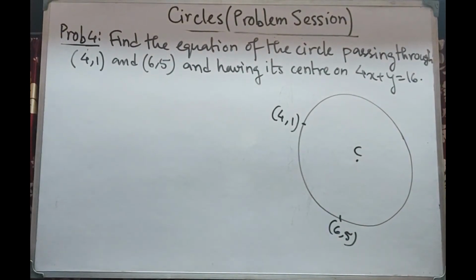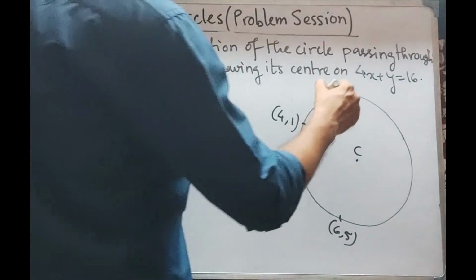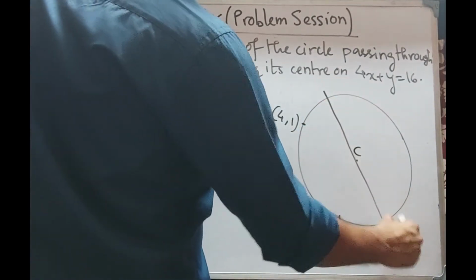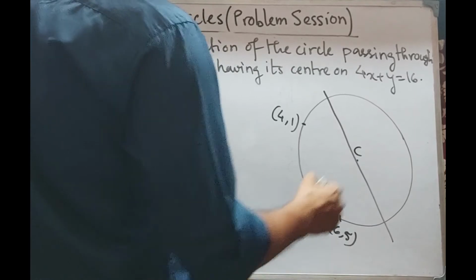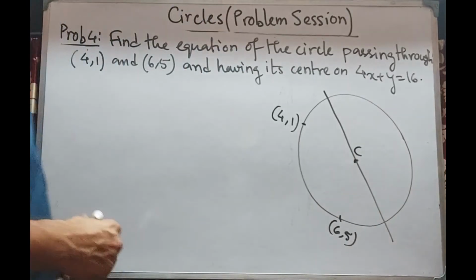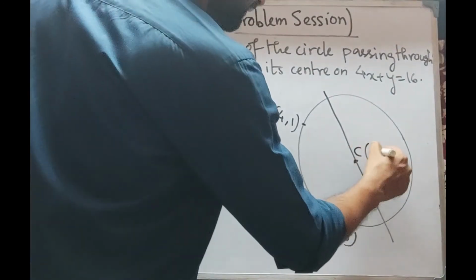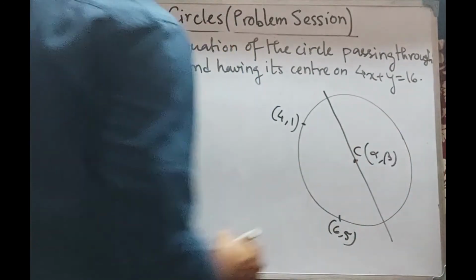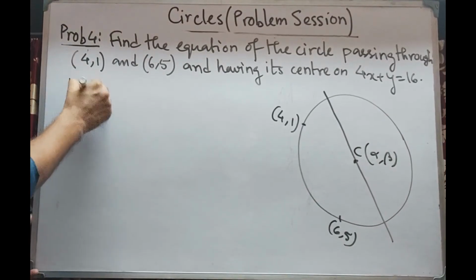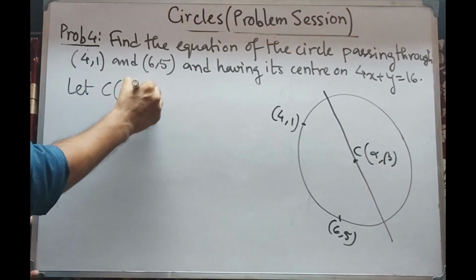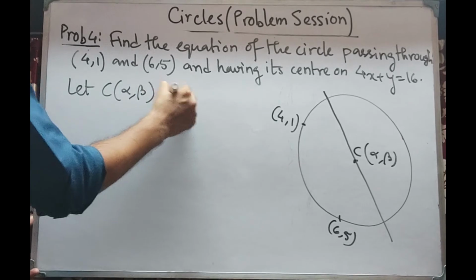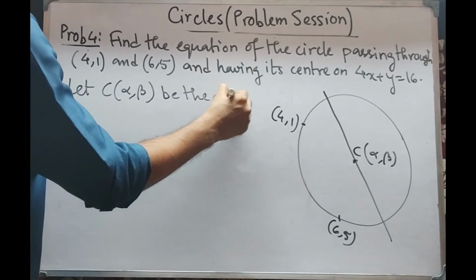Now there is another piece of information that the center is lying on a straight line, 4x plus y is equal to 16. So we can take the center as alpha beta. So we can write it here: let C alpha beta be the center.